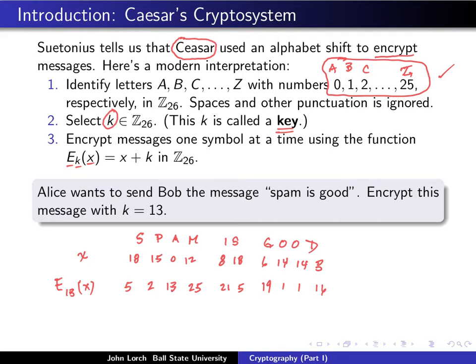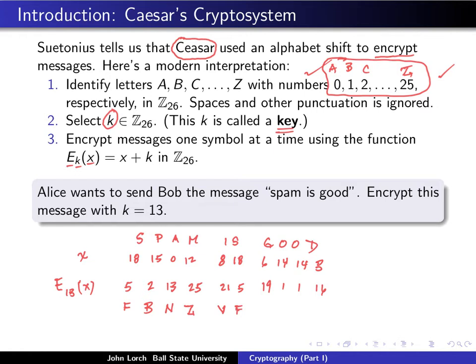And so this message, if you now go up to this list that identifies numbers with letters, letter number 5 is F. Letter number 2 is B. 13 is N. 25 is Z. And then we get VF.